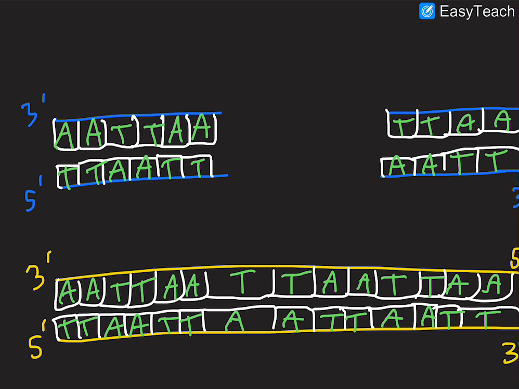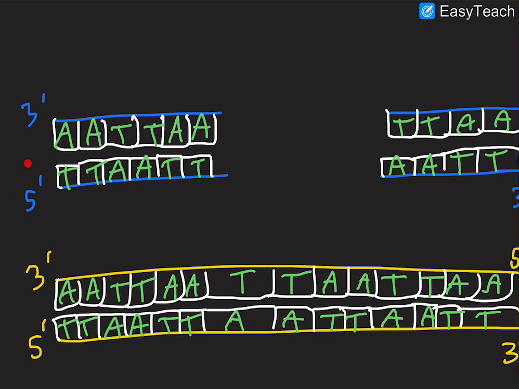So if I take this broken 3' to 5' strand and use the 5' to 3' template, then starting here, the A, T, and if I go on, we have A. So the complement to A would be T, complement to A would be T, complement to T would be A, complement to T would be A, and then we continue with our strand.